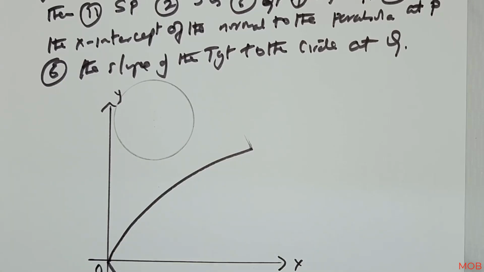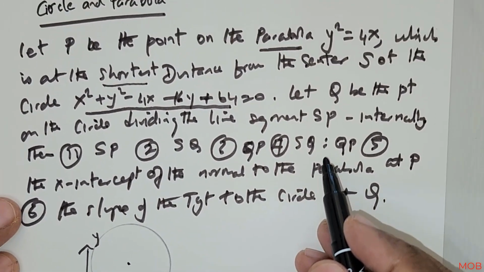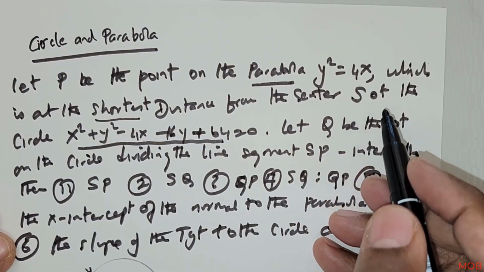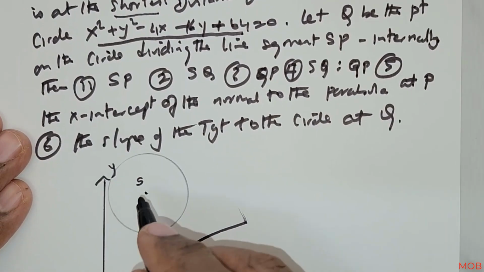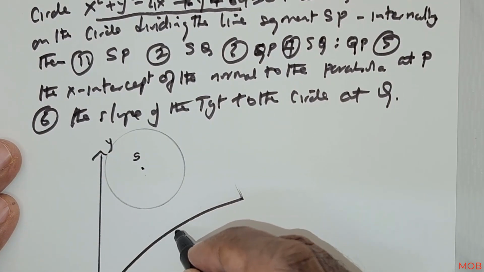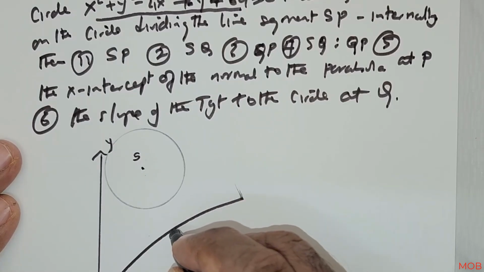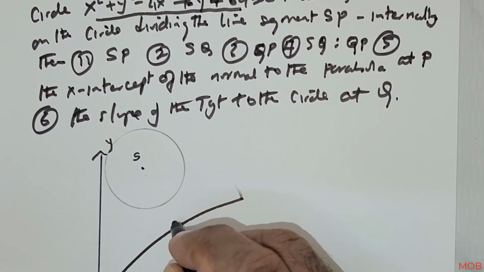Now the center of the circle is given as S the center. So we will have to look at the center, and then you have P, which is a point on the parabola which is at the shortest distance, excuse me, from the circle, right?